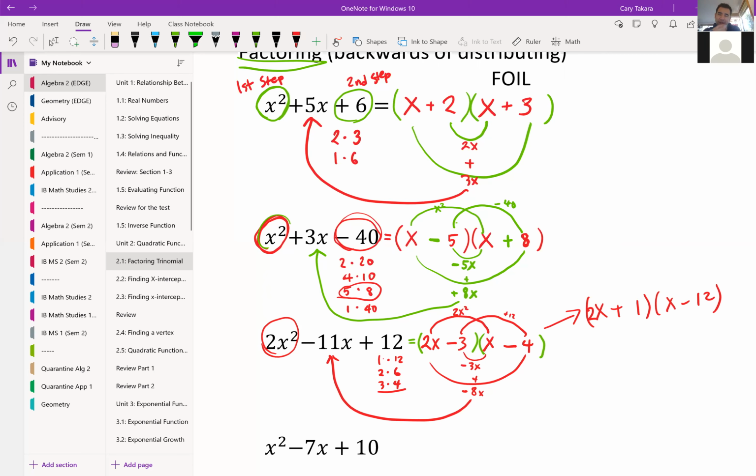Oh, okay. No, 1 and 12 does not work because, that's right, you would not get positive 12.